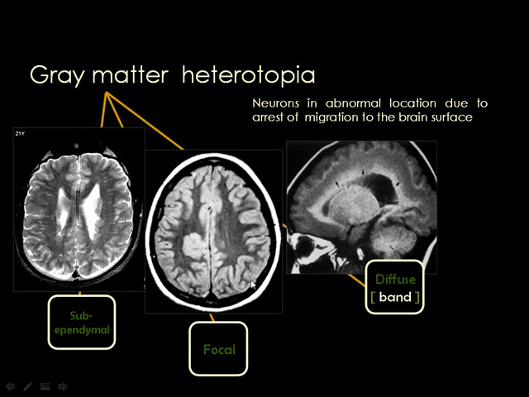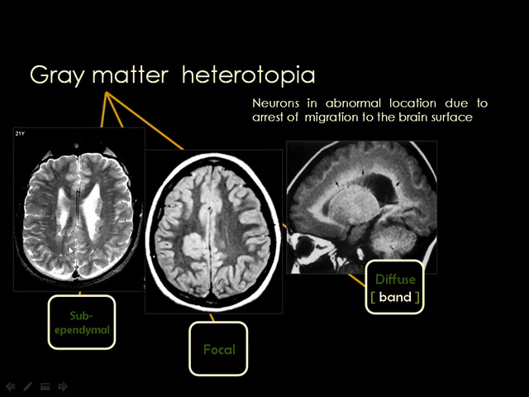The first one is the diffuse form, known as band heterotopia, where you can see a band of cortical tissue between the ventricle and the original cortex. The focal heterotopia may be seen in two forms: focal as a mass and focal as subependymal nodules.